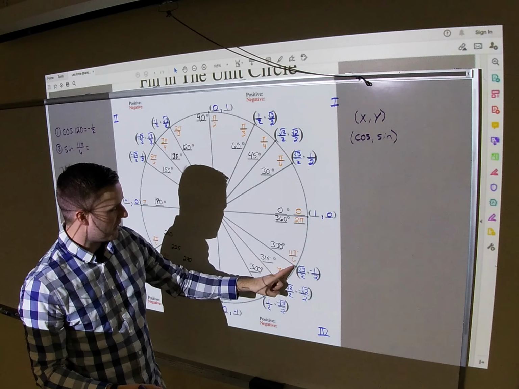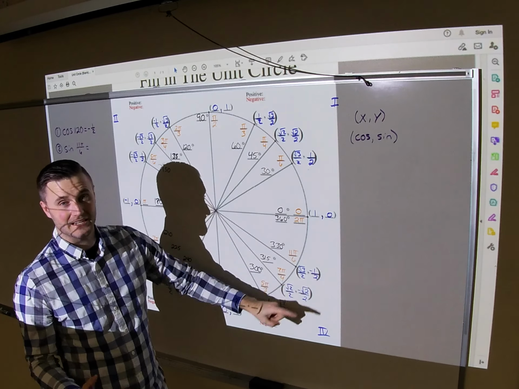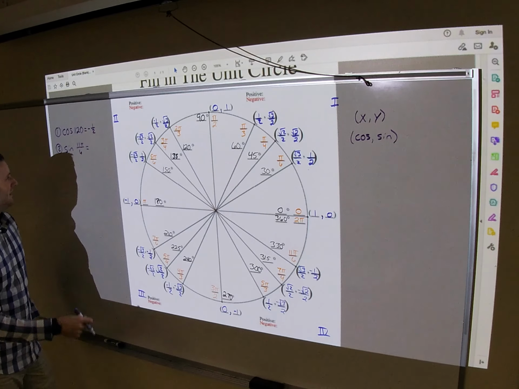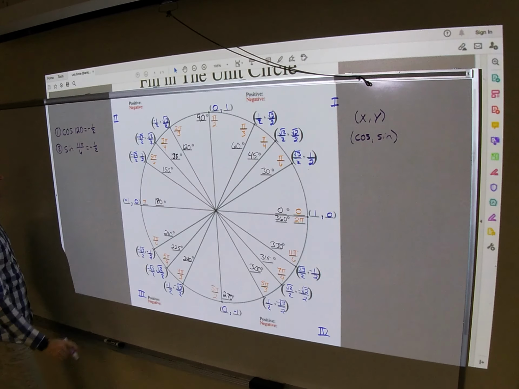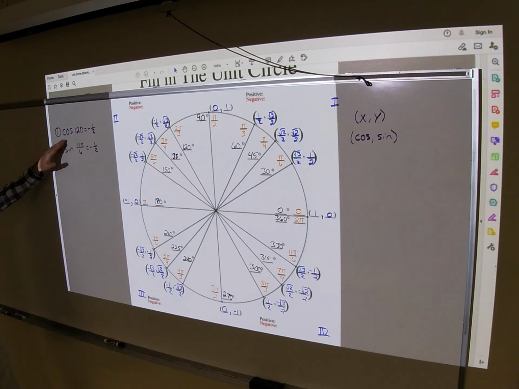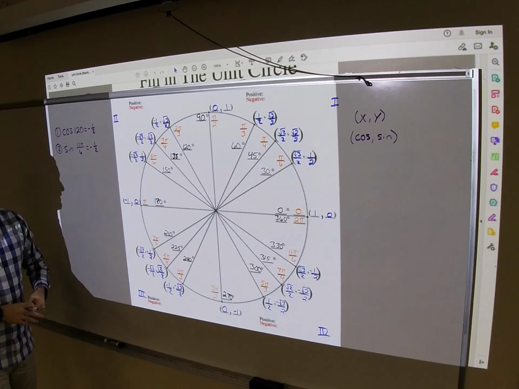So at 11 pi over 6, here's my x comma y. My y value is also negative 1/2. So my sine value is negative 1/2. So interesting, the cosine of 120 is negative 1/2, and the sine of 11 pi over 6 is negative 1/2. I do want you to get used to dealing with degrees and radians.